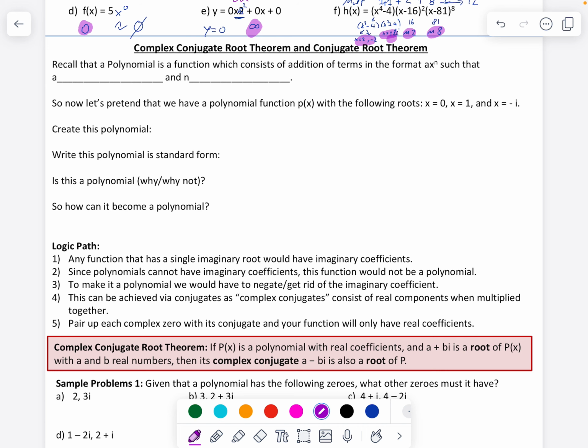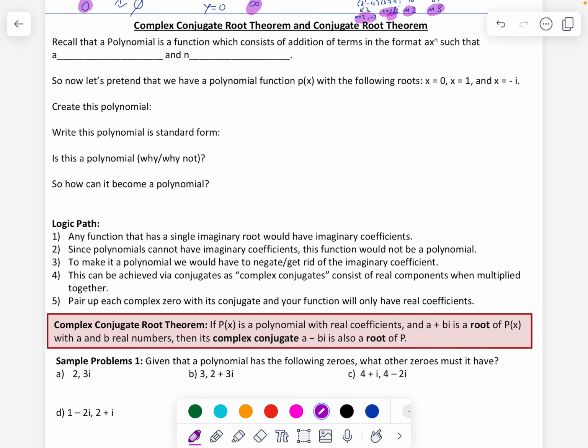Recall that a polynomial is defined as a function that consists of many terms, but each term needs to be in this format right here, this a x to the n format, such that a has to be an element of real numbers. It just has to be real, and n is an element of, well, we would say natural numbers or whole numbers, because in order for it to be a polynomial, it kind of needs to have at least like two terms.